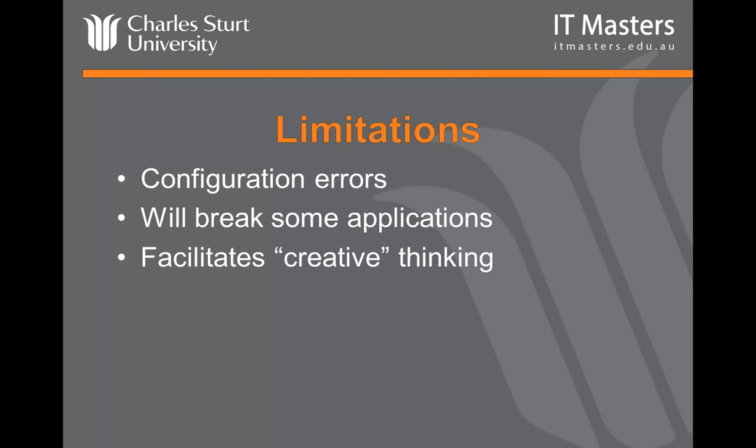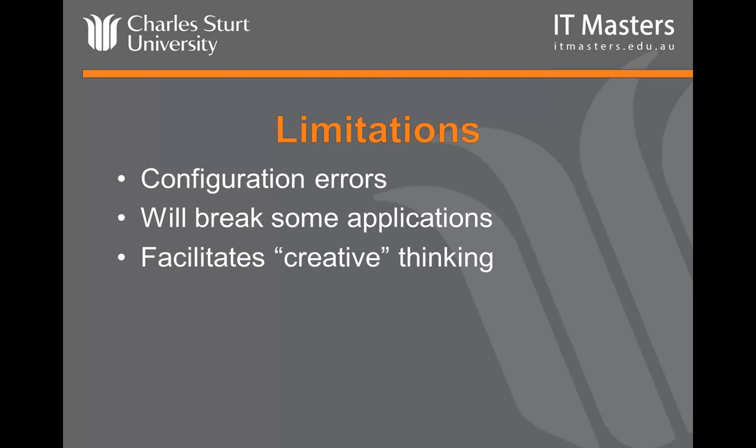It also facilitates creative thinking. Now, what do I mean by that? What I mean is that if you force people to go through a firewall, they may try to come up with some sort of creative way to circumvent it. Options such as forbidden instant messaging or file transfers inside of another protocol, so that it might look like HTTP or HTTPS, is one thing they may try.